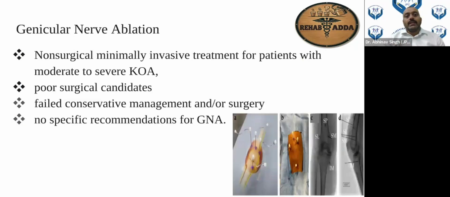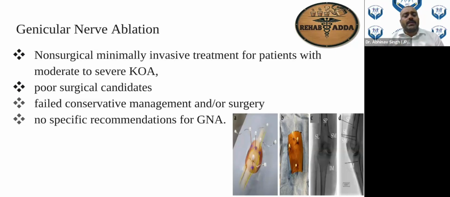One more thing, that is the genicular nerve ablation, and again the indications are the same as those of genicular artery embolization. Moderate to severe osteoarthritis is there. Poor surgical candidate, fails conservative management, or failed surgery as well. Genicular nerve ablation is done.